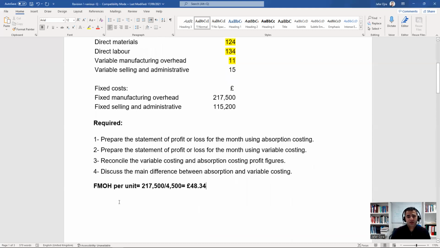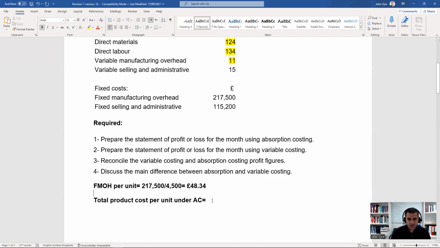So this number, you need to add on the top of these three in order to calculate the product cost per unit. The total product cost per unit under the absorption costing method equals 124 plus 134 plus 11 plus 48.34.